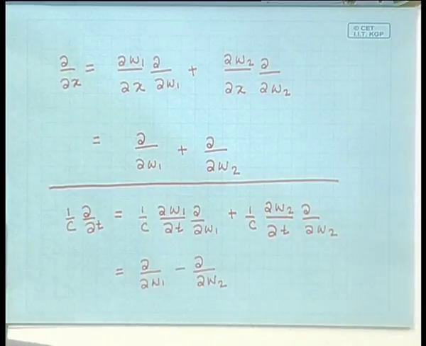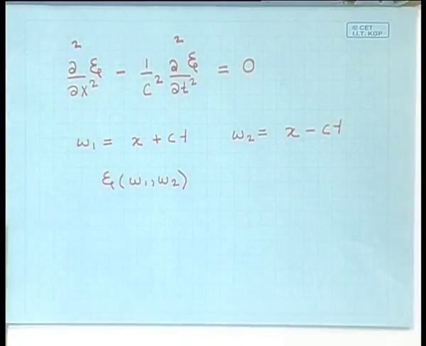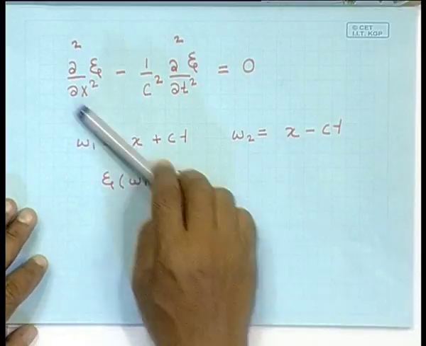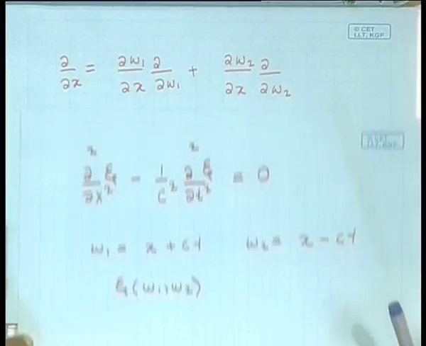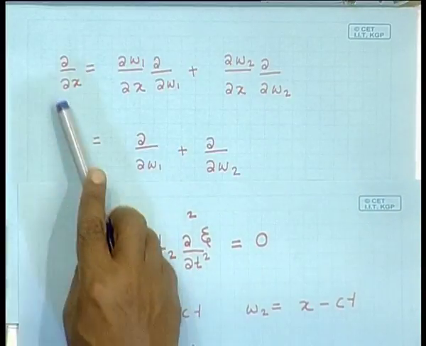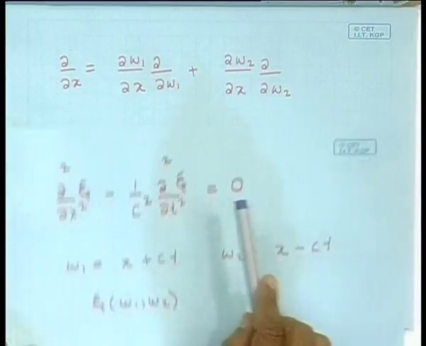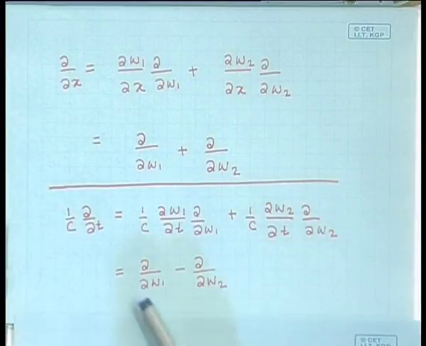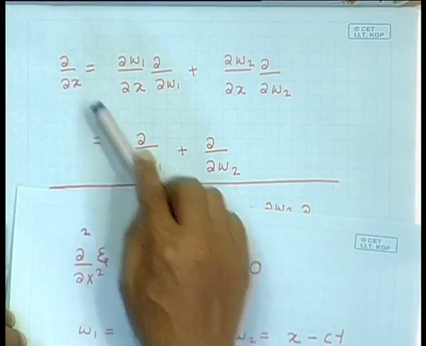Let us now go back to our wave equation. This is the wave equation we originally started with. In this wave equation, we have to now replace the derivative with respect to x in terms of the derivatives with respect to w1 and w2. We also have to replace derivatives with respect to t in terms of derivatives with respect to w1 and w2. So we have to square this.